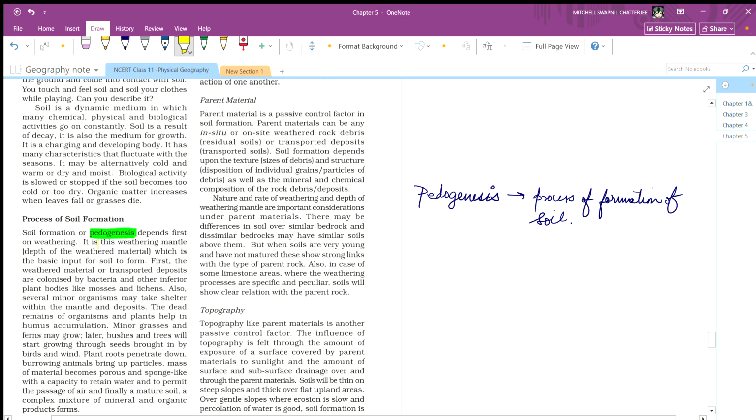It depends on weathering. It is this weathering mantle depth, the mantle which is the basic input for the soil to form.